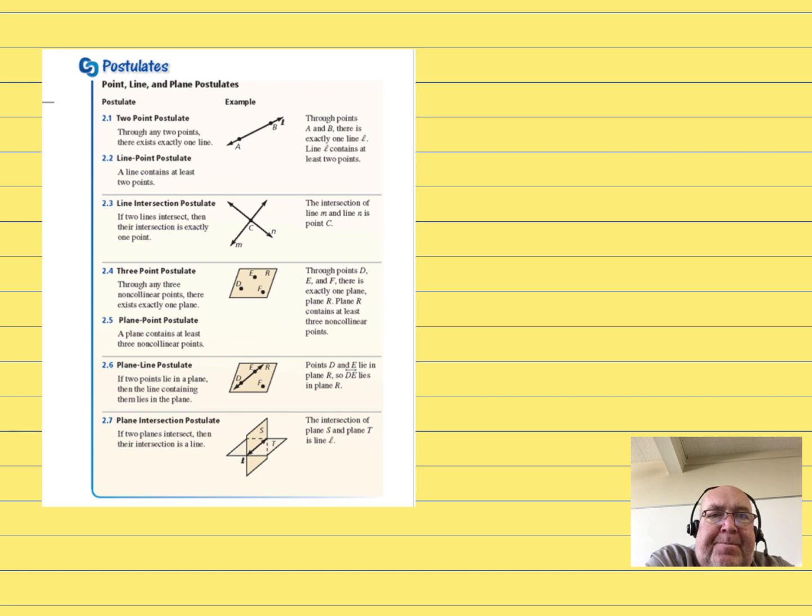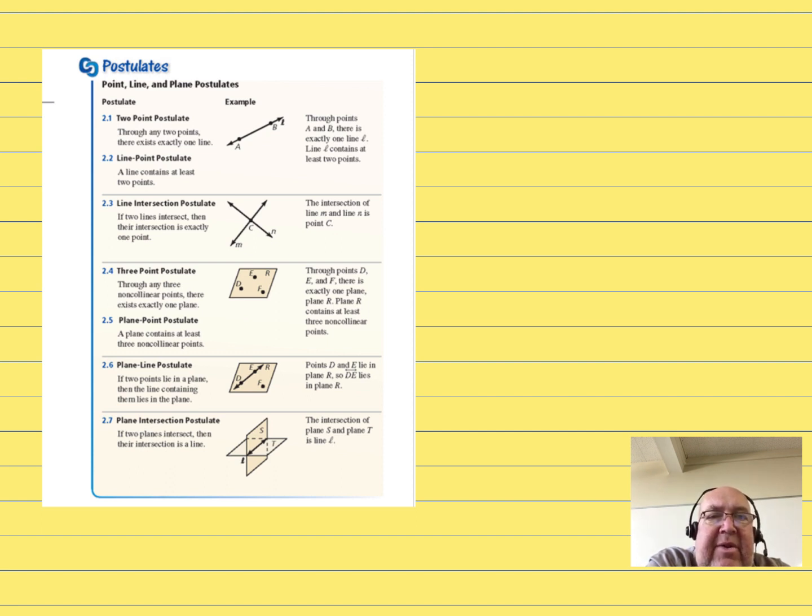If you have 3 points that are on the same flat surface, they exist in one plane, is the 3-point postulate. And the plane point postulate says a plane contains at least 3 non-collinear points.